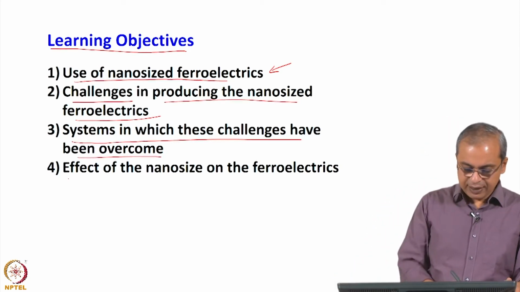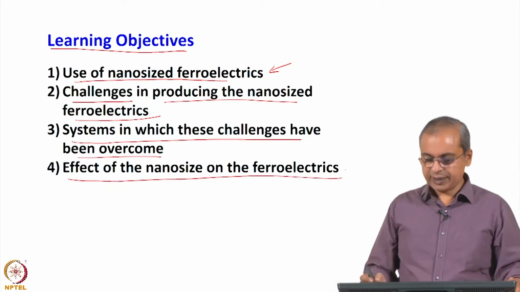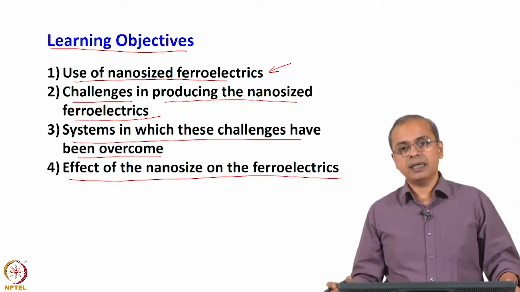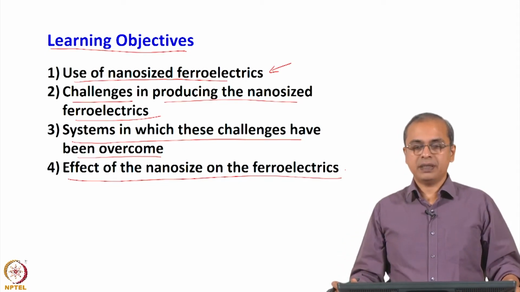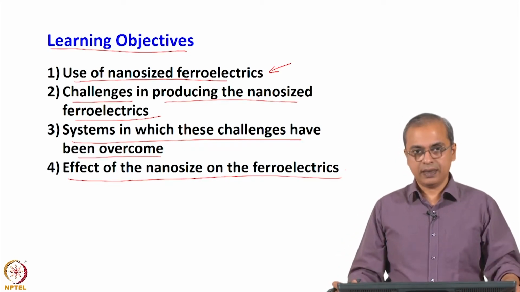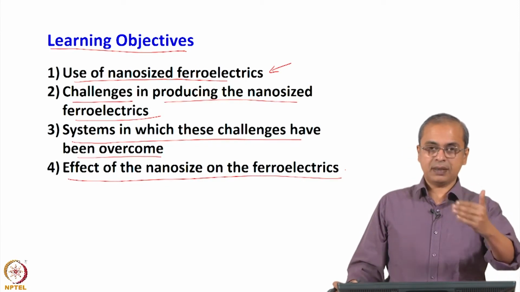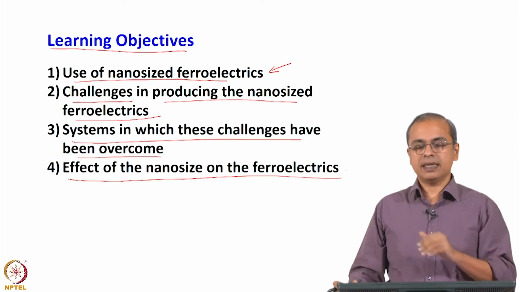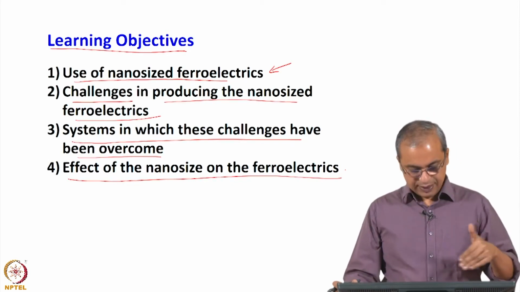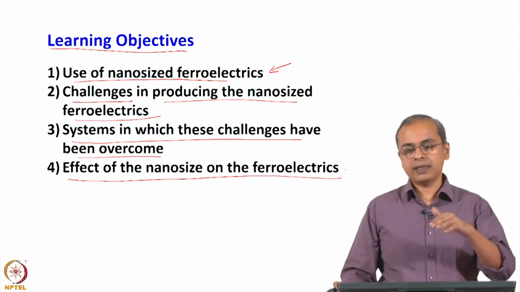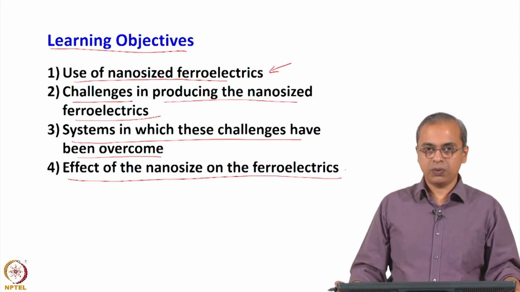And finally, the effect of nano size on ferroelectrics, which is important information that was used in overcoming these limitations of ferroelectrics at the nanoscale. To overcome that, they had to look at the effect of the nanoscale on the ferroelectrics and figure out a way to overcome it.